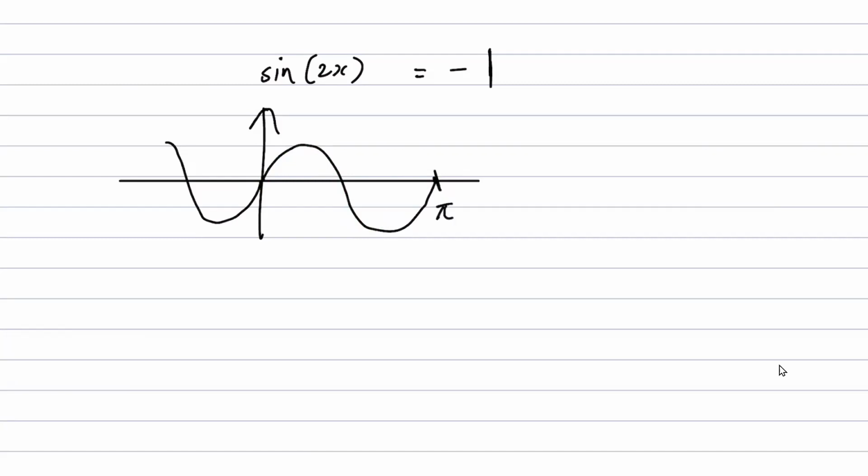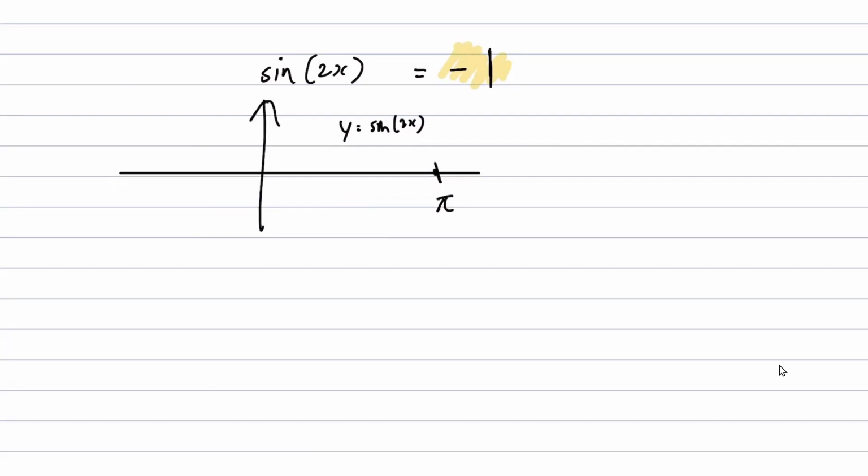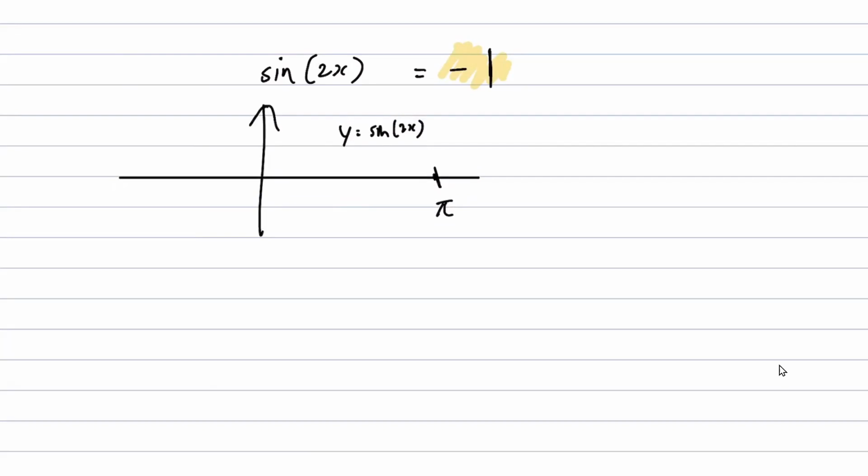Okay, good. Then that means that we can now try to solve this. This is y equal to sine 2x. And then you got -1, so you want to draw the graph of y equals -1. Let's just draw it in. Maybe my graph is not that nice. Let me try again. I need to make it hit the horizontal lines so it's easier to understand.